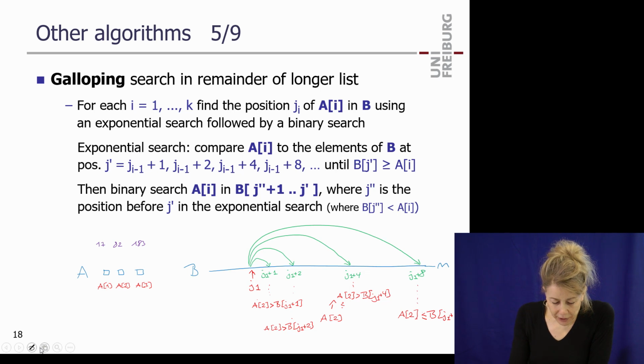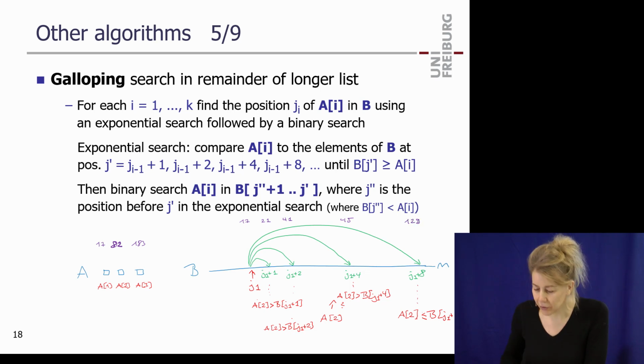So for example, let me write examples here. I'm searching for the 82, and maybe here I have number 17 at position J1, maybe here I'm finding 21, here I'm finding 41, maybe here 45, and here I'm finding 129 or something like this.